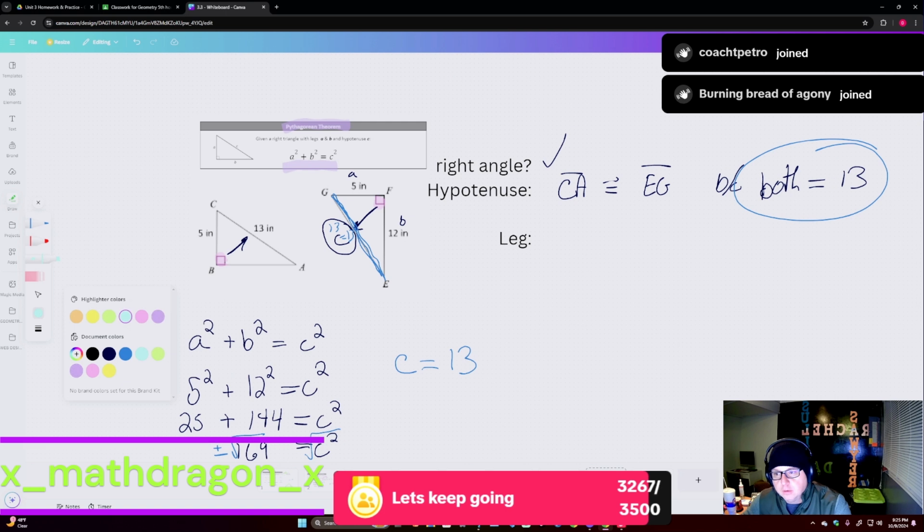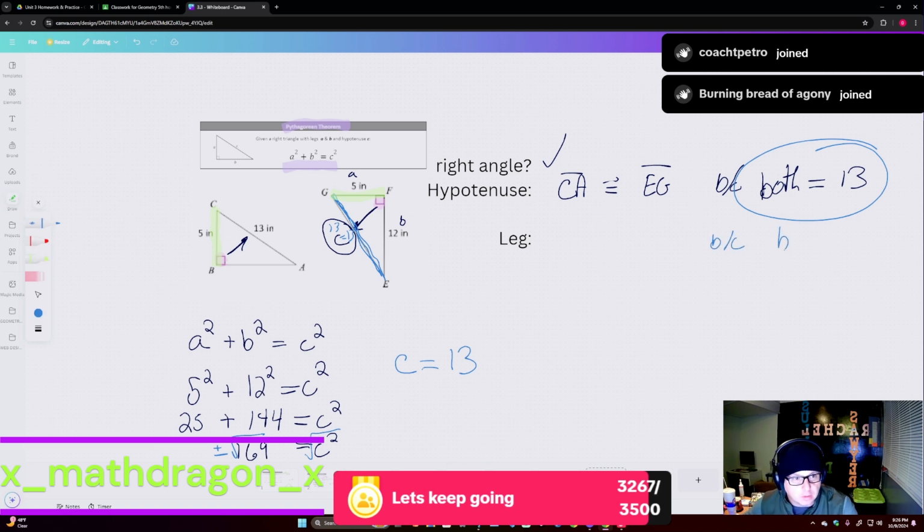Now, the last one is I want to show that FE... Oh, no, I can't show that. I suppose I could, but I'm not going to, because that's a little bit more work. B to C, F to G, aren't they both 5?